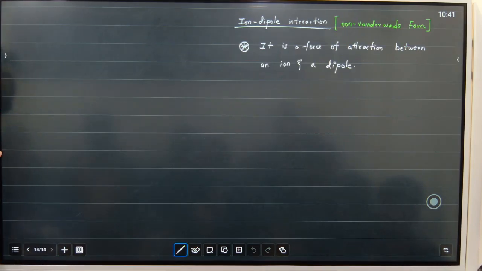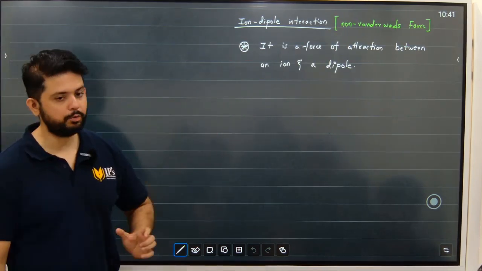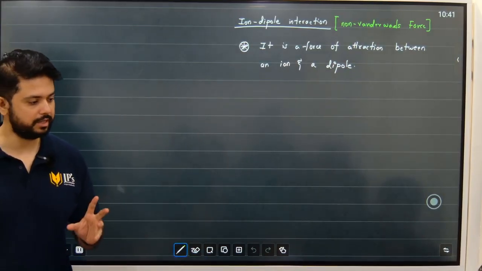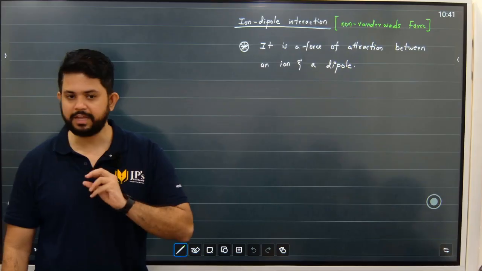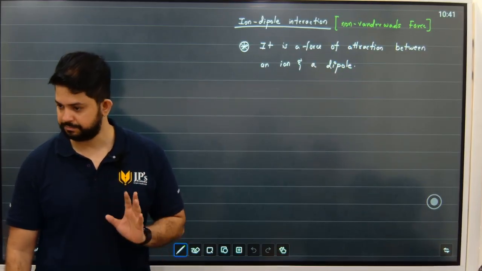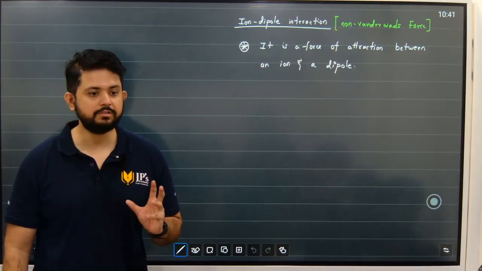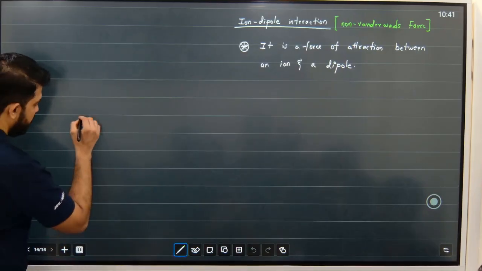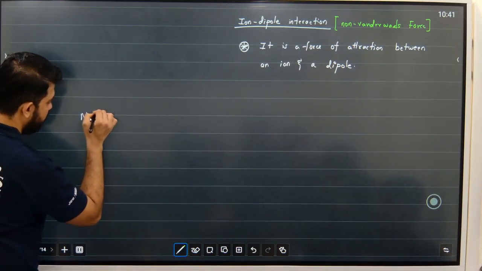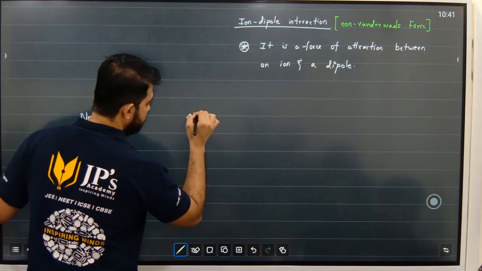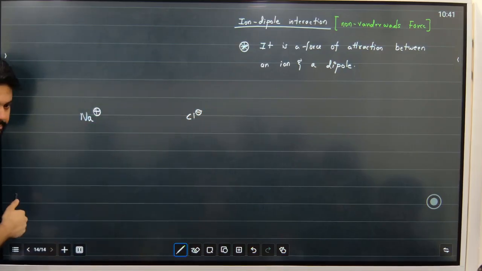And the last one that we have is ion-dipole interaction. Now this is very important to understand. Let's say we take NaCl and put it in water, NaCl dissolves. But we've never asked the question, why does it dissolve or what happens when it dissolves? We know that it will get converted into Na plus and Cl minus the moment you put that in water.